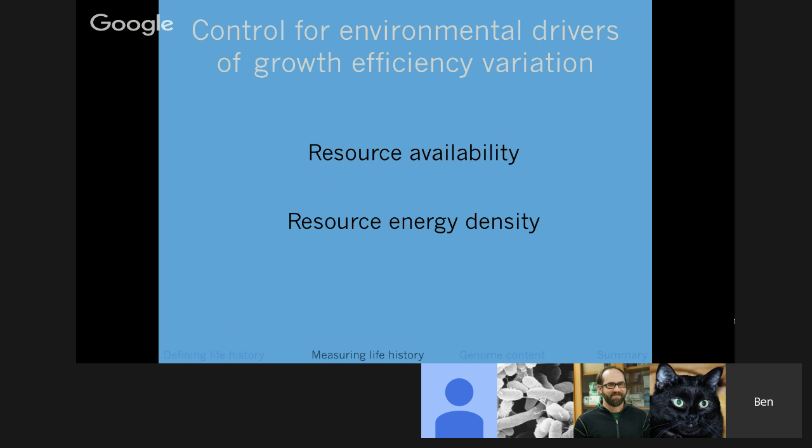So here we know that an organism's carbon use efficiency is highly dependent on environmental parameters. So if we're going to compare across organisms, we need to control for these environmental factors. So we need to measure all organisms under the same resource availability and under the same resource that has the same amount of energy available to it in terms of its oxidation state.